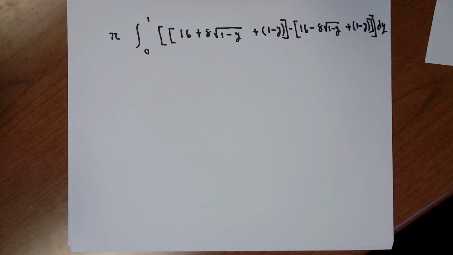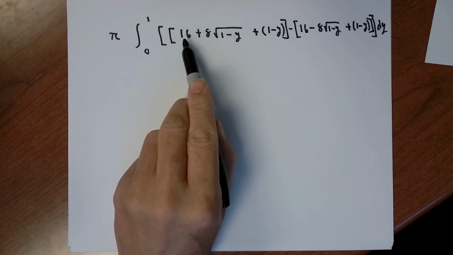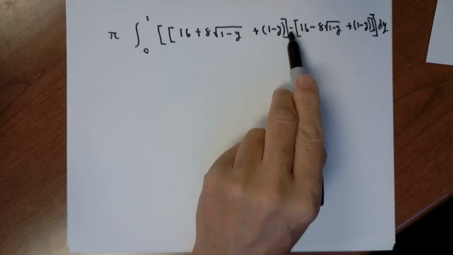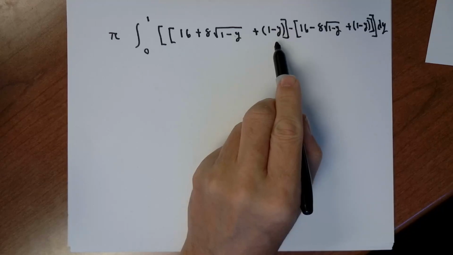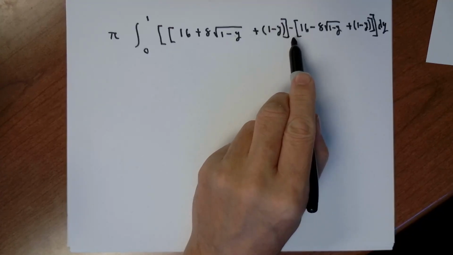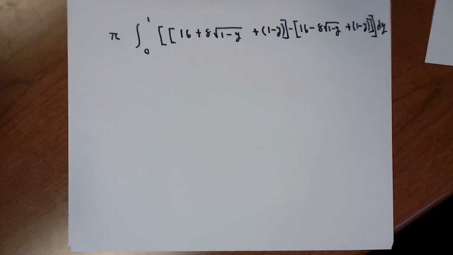If I use well-known properties of algebra, I can expand the square of a sum and the square of a difference easily enough. I'm being very careful about grouping symbols here. I don't want to get a sign wrong. 16 minus 16 cancels out. 1 minus y minus 1 minus y cancels out.